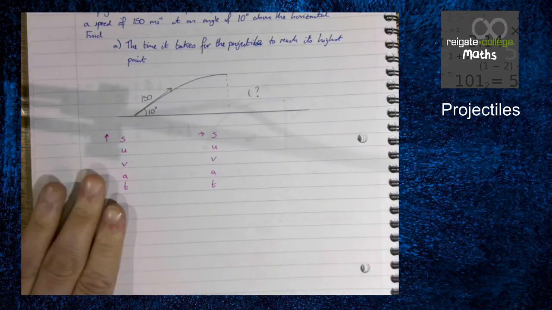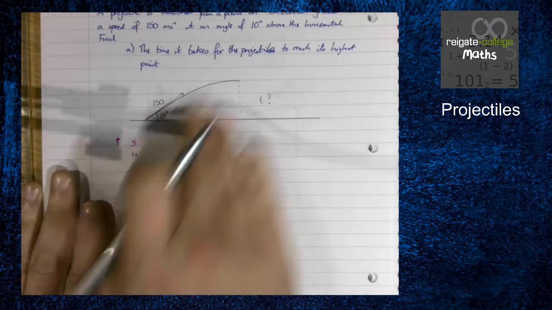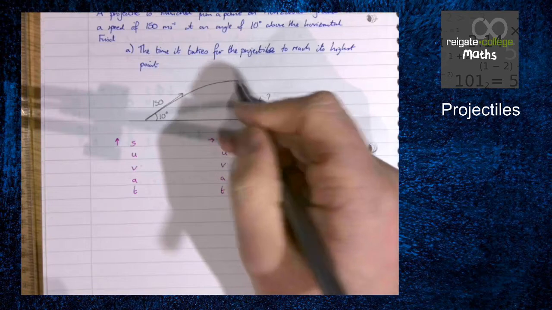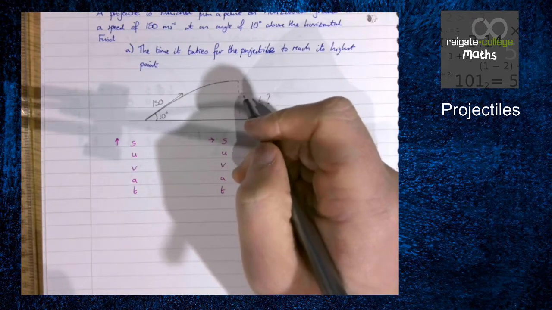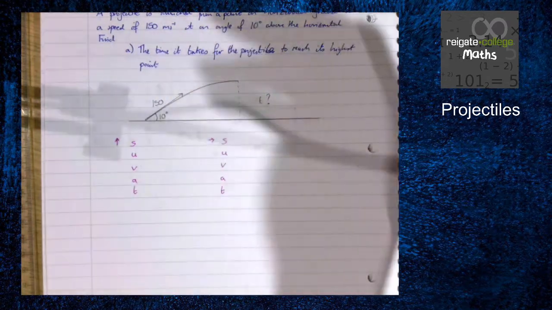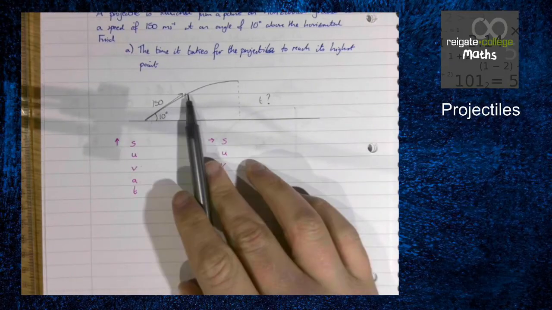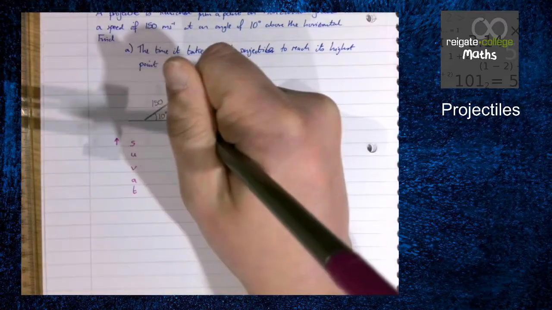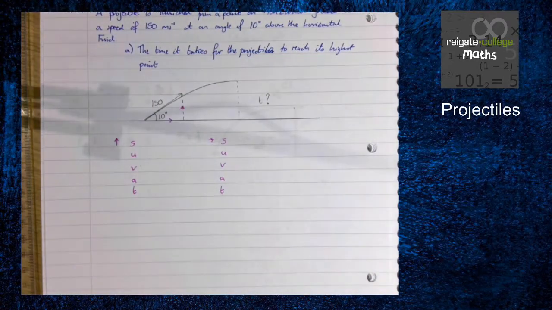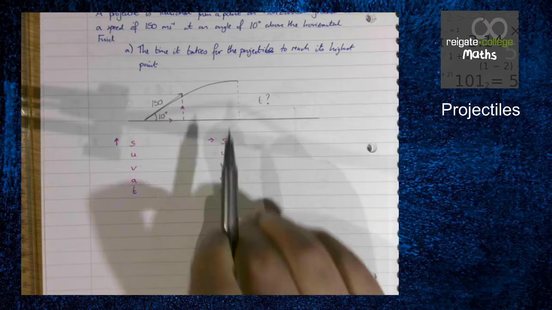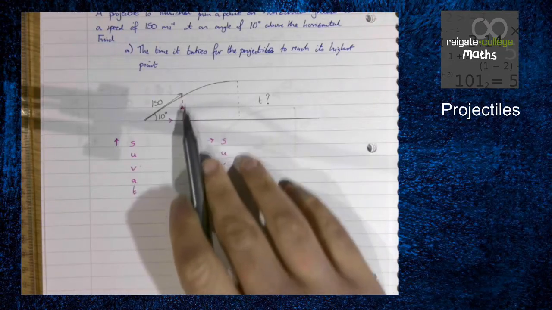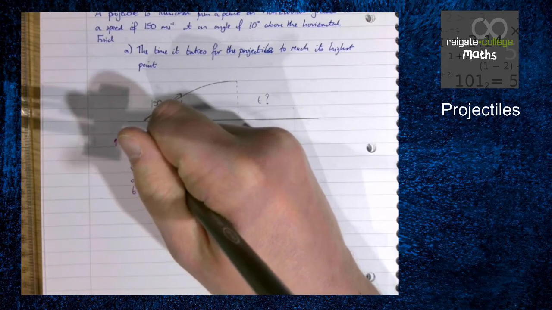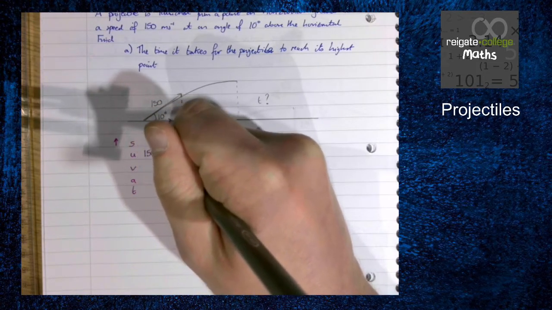Now this time I am taking up as positive because that's the direction of motion. So S we don't know. We don't know the maximum height, so we can't fill anything in there. Our initial velocity, so this speed is 150, but that's at an angle. So we need to resolve our speed into its components. And we can see that the vertical component of this speed is 150 sine 10.